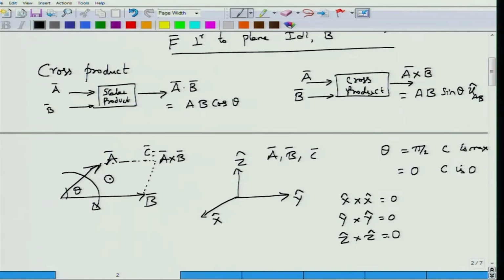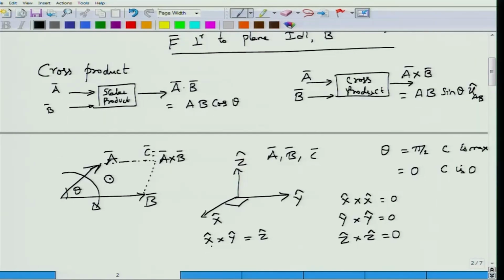However, if you take vector A as x and vector B as y, then the cross product of x and y will point in the direction of z, and because the angle between these two is 90 degrees, sin theta will be equal to 1 and the magnitude of x and y is also equal to 1. Therefore, x cross y is equal to z hat, that is a unit vector in the z direction.